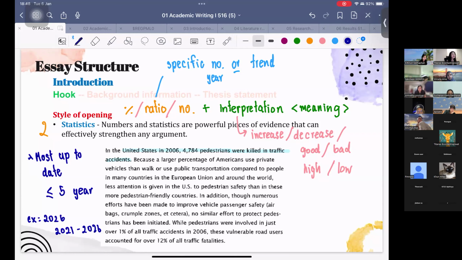So who knows? When it is published out there, the number might be old. That's why it should be as up to date as possible. The statistic, definitely, especially any statistic or number that you include in the introductions, should be within the 5 year gap, which would be great.